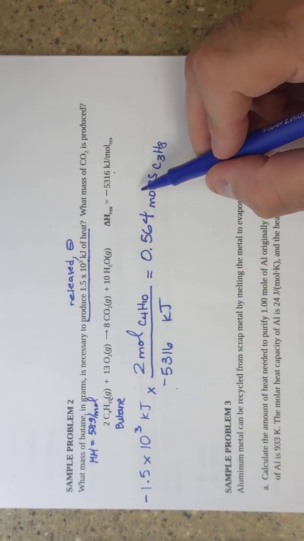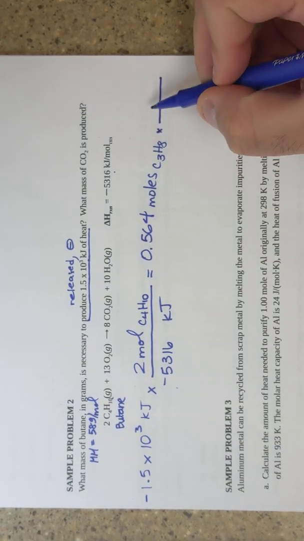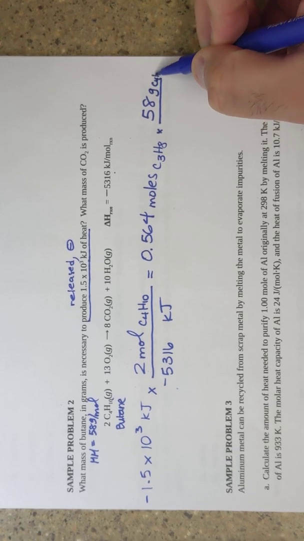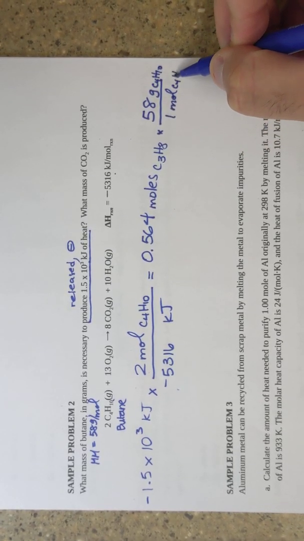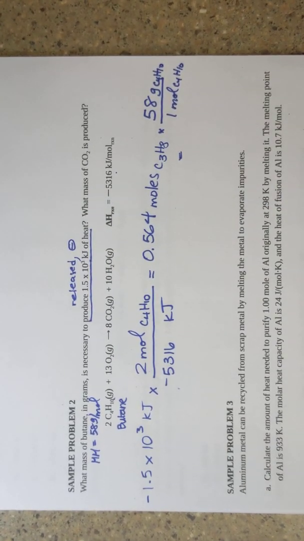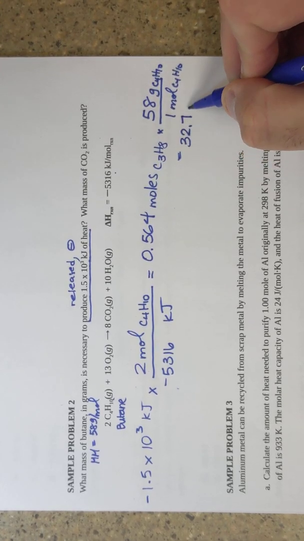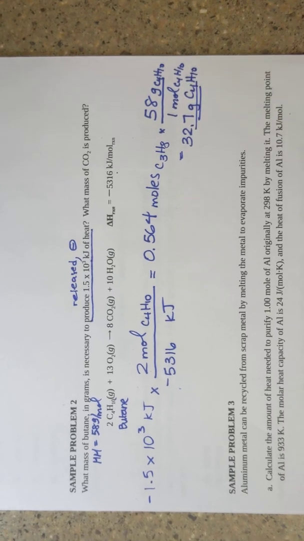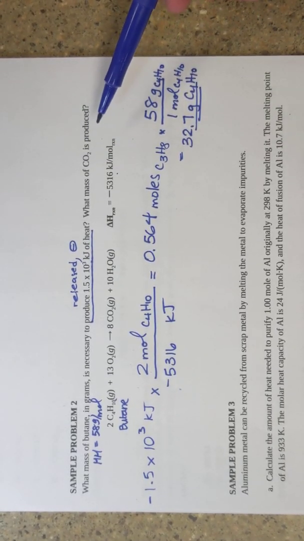Well, remember, to go from moles to mass, I multiply by the molar mass. Or I'll just do dimensional analysis. So 58 grams of C4H10 for every 1 mole of C4H10. You could have all done this in one step too. And so multiplied by 58, I get 32.7 grams of C4H10.